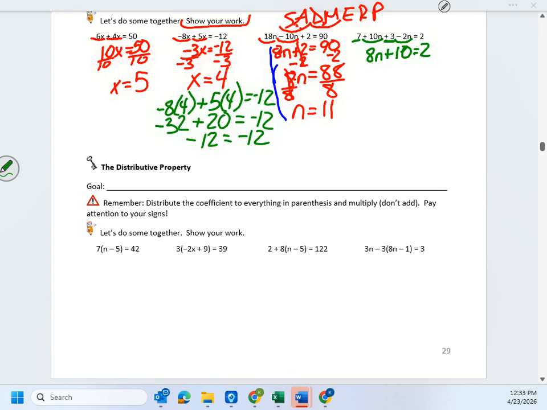Okay. What's my next step? Emily. Subtract 10 by 10 and 2. Yes, I need to do that first step of subtraction. I have a plus 10, so I need to subtract 10 from both sides. 10 minus 10 is 0, so I have 8n equals, what's 2 minus 10, Emily? Negative 8.